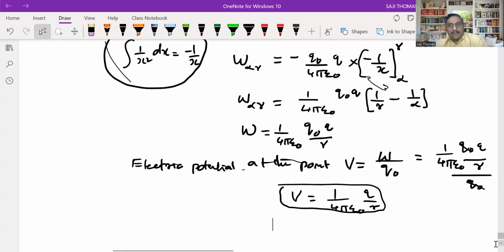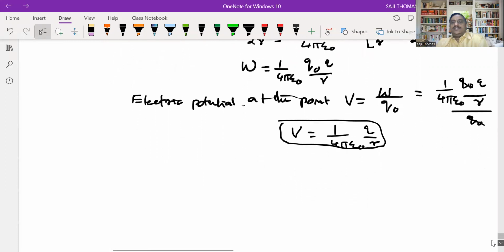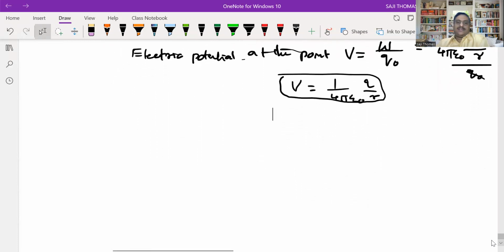We can compare the graph between electric field versus distance and potential versus distance. I will draw it in one single graph.